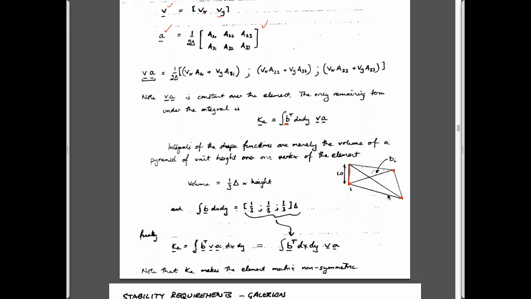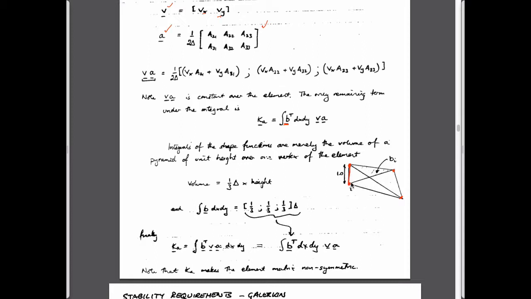And if we map linearly within the element, which isn't an unreasonable assumption, then the shape function is going to look like this. We don't care what the expression is, but it's going to look like this. It's going to be a triangle. It's going to be a tetrahedron, I guess, but not a regular tetrahedron. And it's going to have a peak here, and the integral of this individual shape function is just going to be the volume of this particular shape.